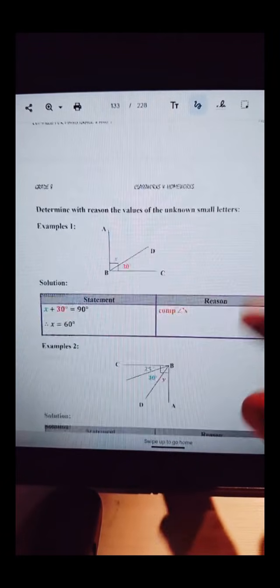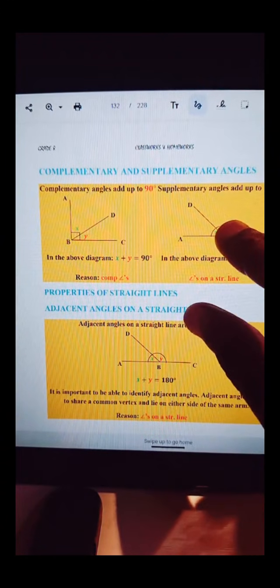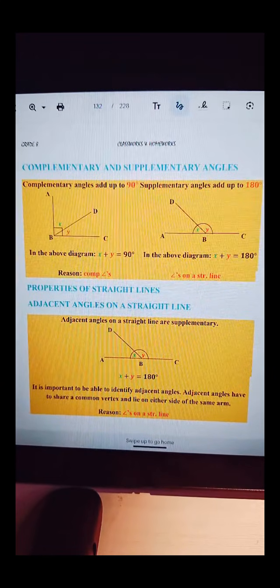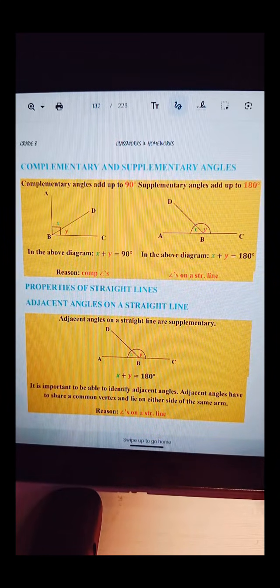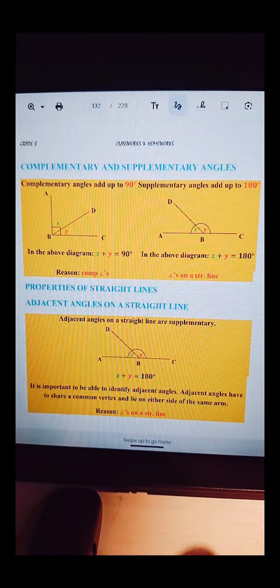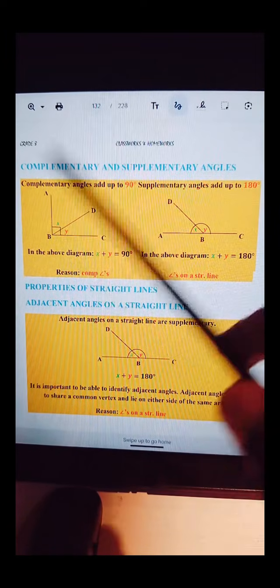Remember the concept there. I just want to make the point clear here. It was made when we did the previous lesson from last week, the previous lesson that we did in grade 8. Yes, it was last week because Sunday is the first day of the week. In the weekend, we learned that complementary angles add up to 90 degrees.